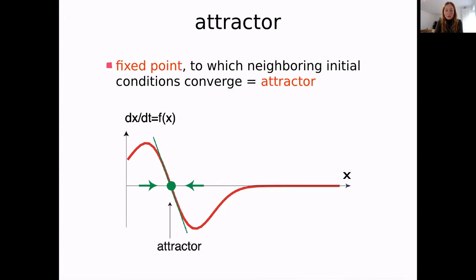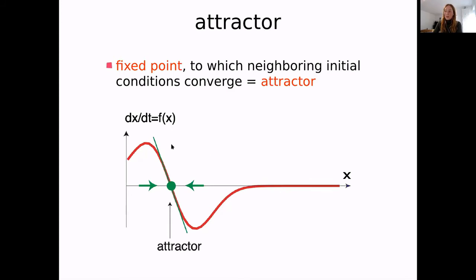But what about these neighboring states? When you imagine being here, and here the rate of change is 0, then it would not necessarily converge to this fixed point, right? So it just stays here, and whatever it does here, it does here.